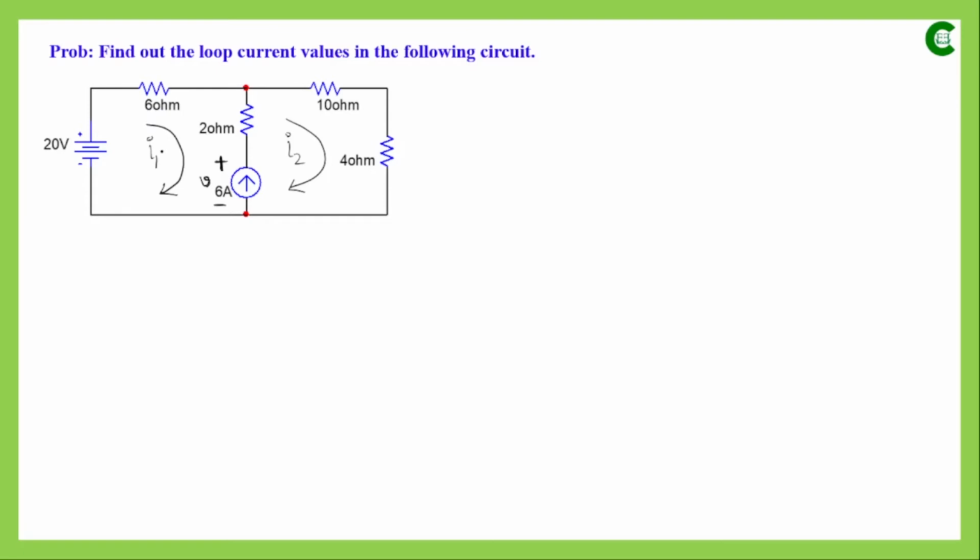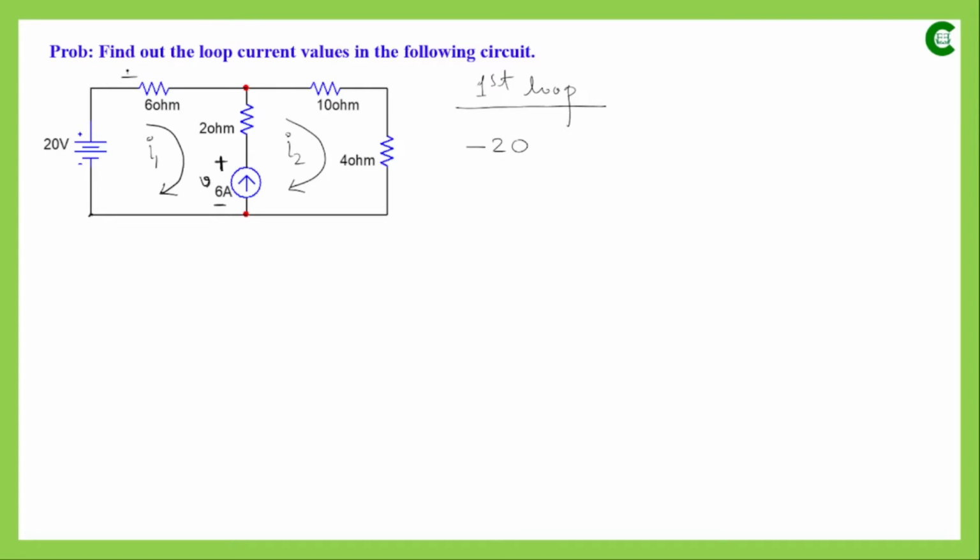Now in the first loop, if we apply KVL and start traversing from this point along the direction of the current, first we come across this voltage source. The equation we can develop is: first we are traversing from negative terminal to positive terminal, so this value will be taken as minus 20.